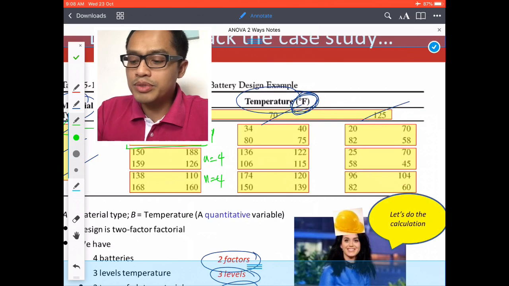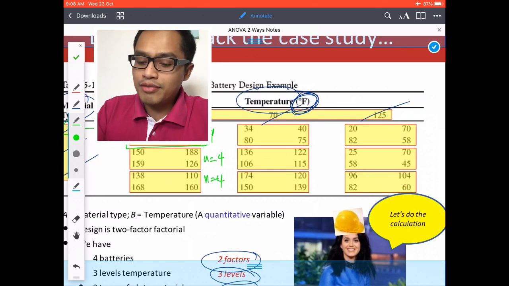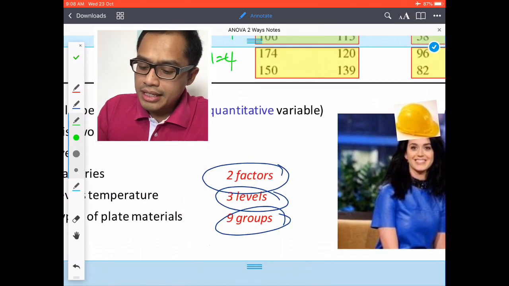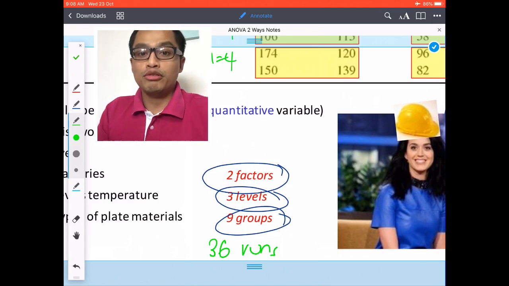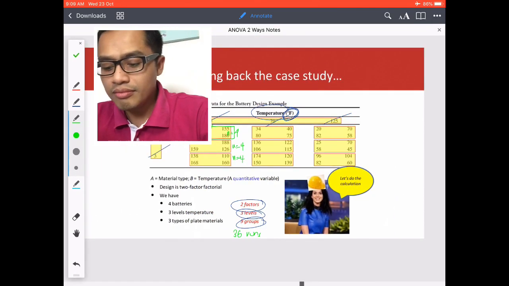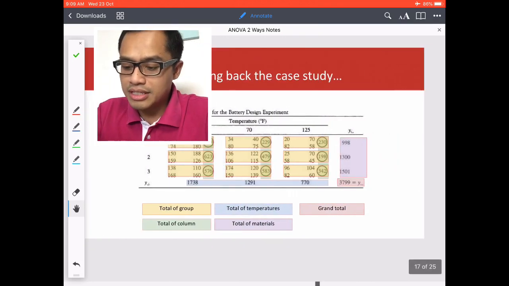Therefore you have 9 groups, and for all of these groups you have 4 repetitions. Therefore you have 36 runs, 36 samples, 36 experiments. Very easy, right? So let's do the calculation.